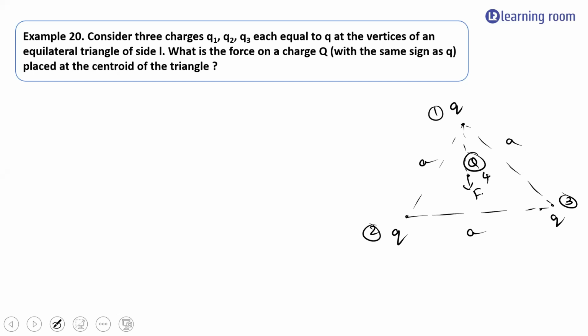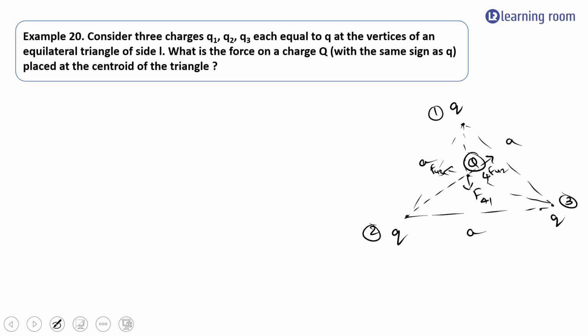F41, think and tell me. The force on 4 due to 1 should be F41. Similarly, here it should be F42, correct. And this should be F43.